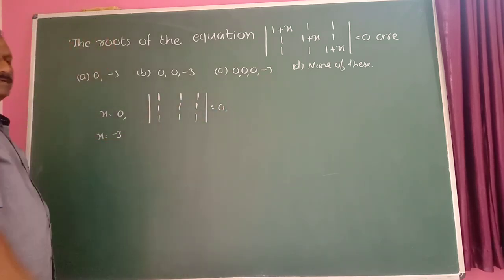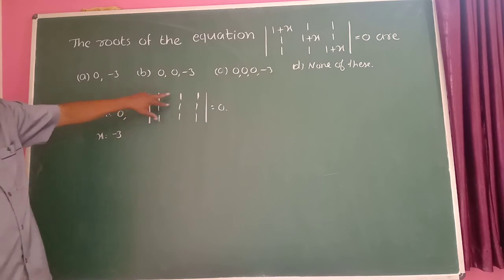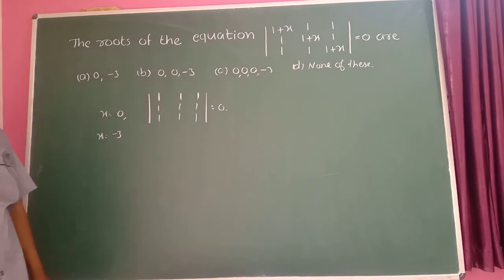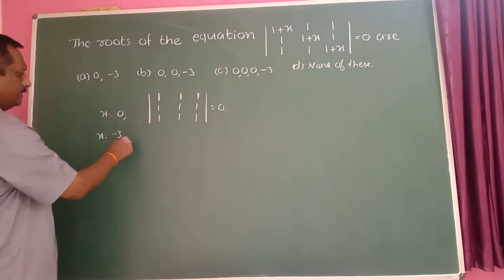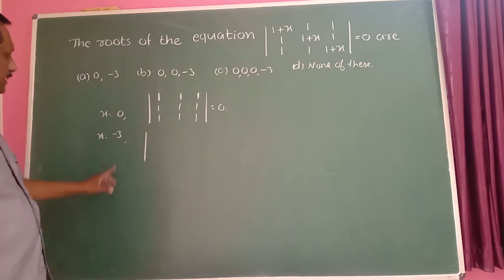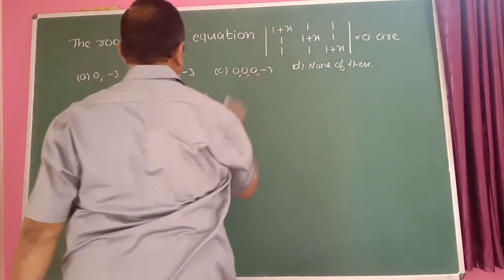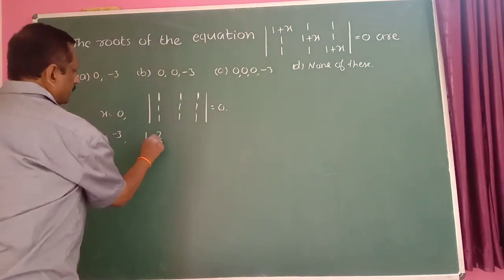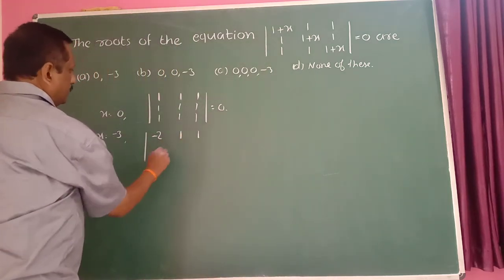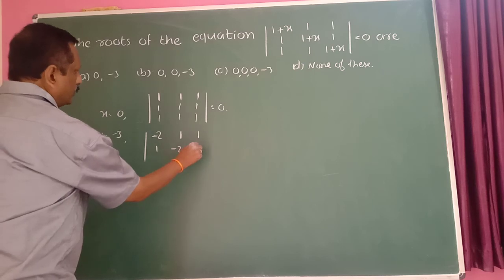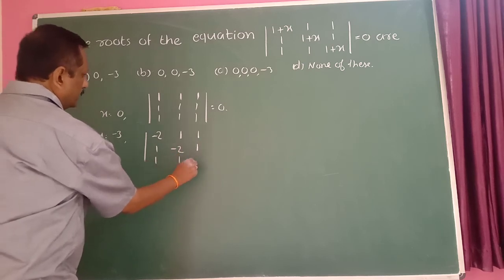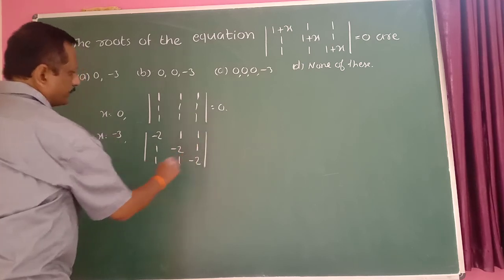Hence, value of the determinant is 0 because if two rows are identical, value of the determinant is 0. Similarly, if you take x equal to minus 3 here, substitute here, 1 minus 3 gives the minus of 2 here. Then 1, 1, 1 minus 2, 1 here, 1 minus of 2 here.